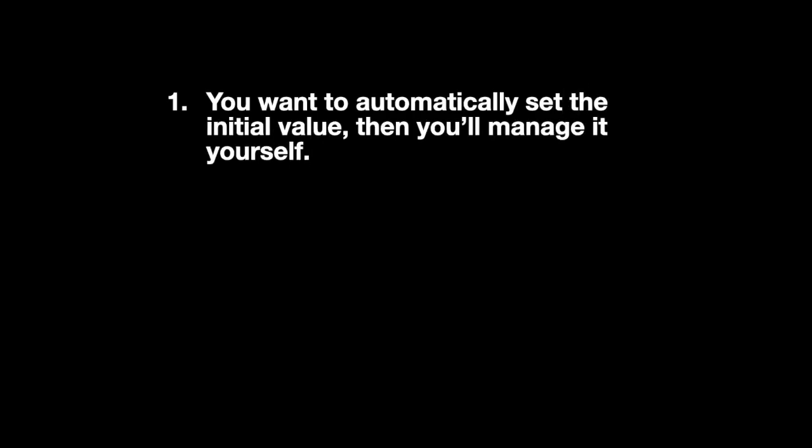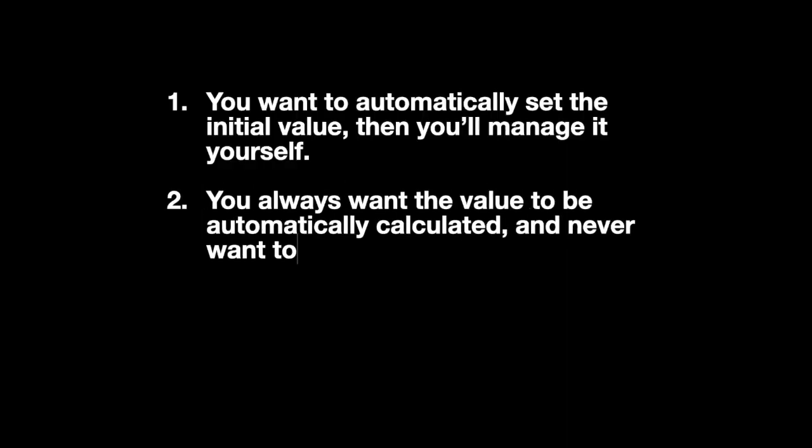The first is that you're trying to set an initial value or a default value on a particular column, and you want to manage that value yourself after it's initially set when the record is created. The second is that you always want that calculated value to be calculated and recalculated automatically for you, and you never plan to set that value yourself.